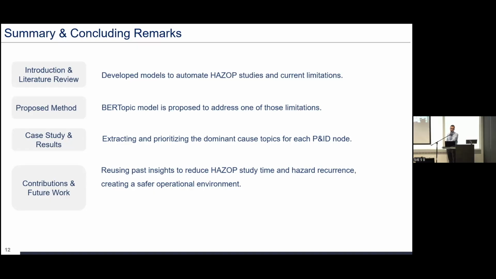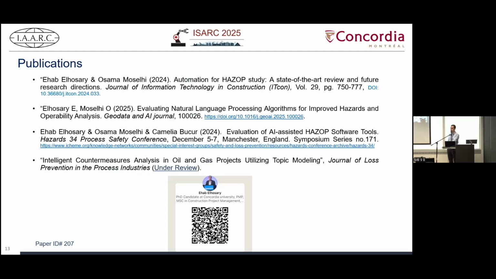The contribution of this study is to reuse past insights in similar P and ID nodes and structures to reduce the time and effort for conducting HAZOP studies, and also reduce the recurrence of hazards and accidents to create a safer operating environment. However, it has some limitations to consider in future work, like expanding the dataset and optimizing the hyperparameters of the BERTopic model. So thank you so much for your attention.